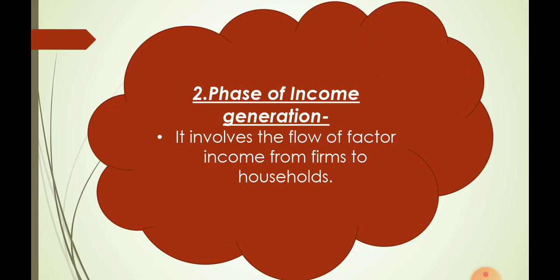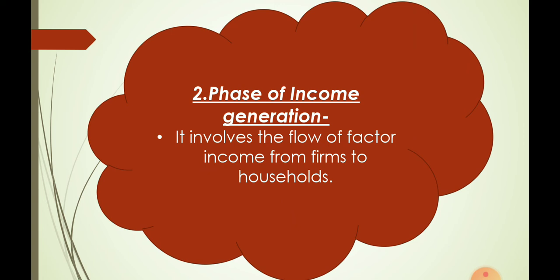Next is the phase of income generation. Here, whatever goods and services are produced in the production phase and income generated there, that is distributed among the factors of production in the form of rent, interest, wages and profit.